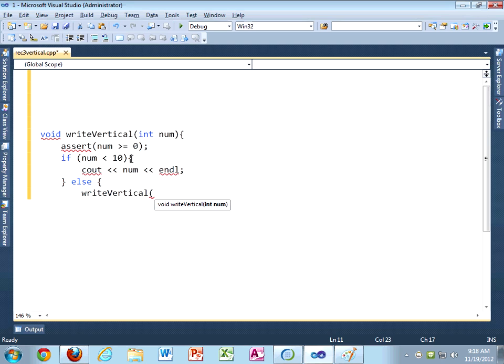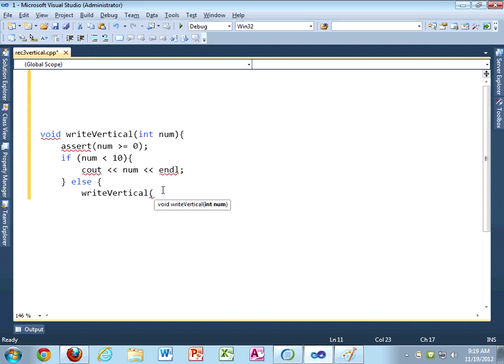Okay. The way I would say that is we have a function that writes a number vertically. Let's use that function to write the first n-1 digits of that number vertically. And then we can just print out the last digit by ourselves.